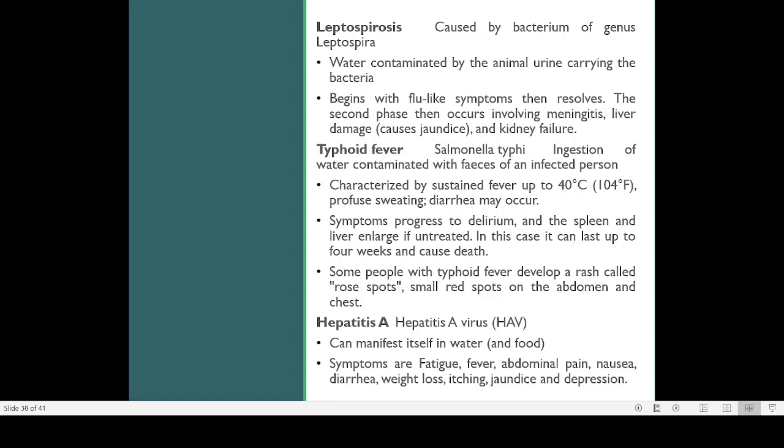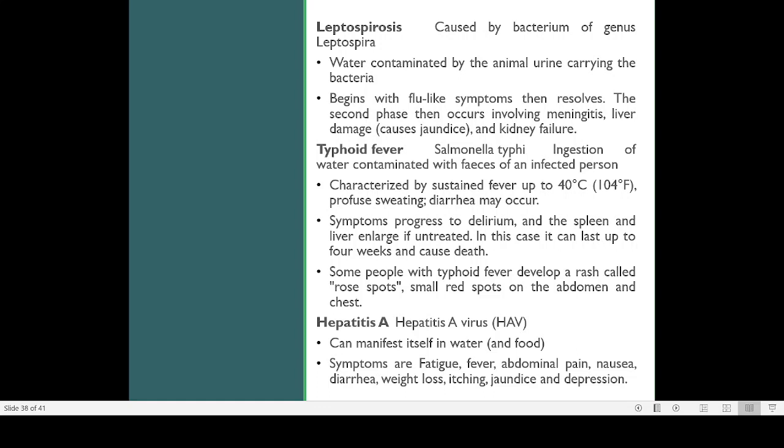Then we have typhoid fever. Typhoid is caused by a bacteria known as Salmonella typhi. Here also the main reason is ingestion. Ingestion means drinking or eating or taking in something. That process is known as ingestion.